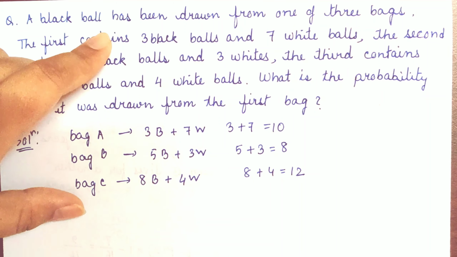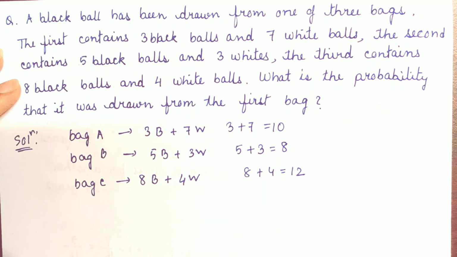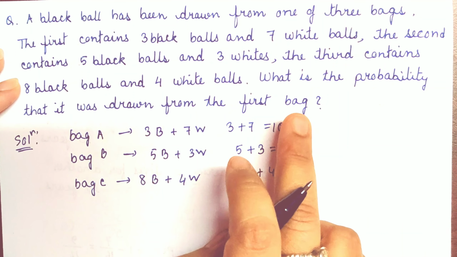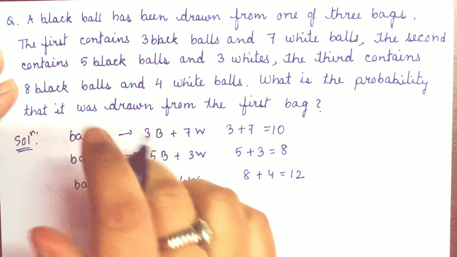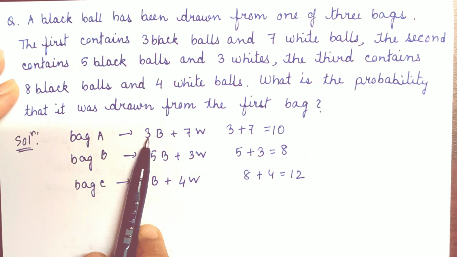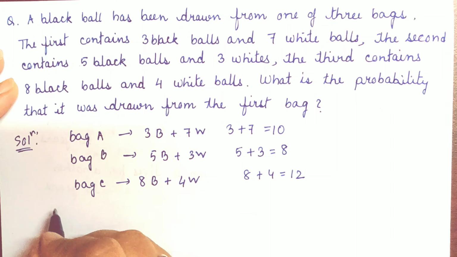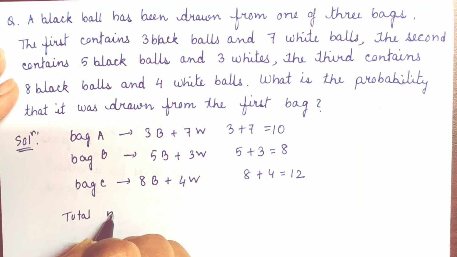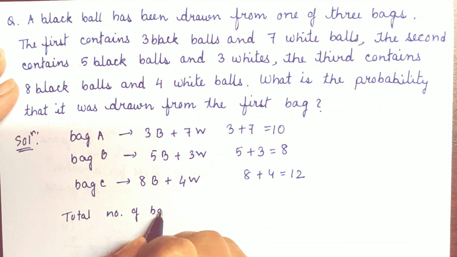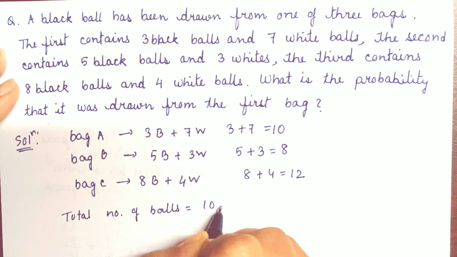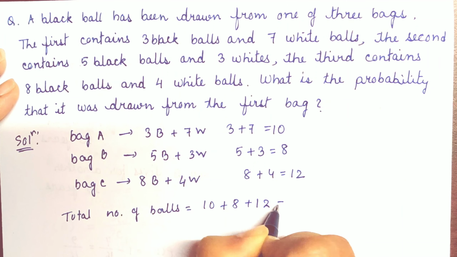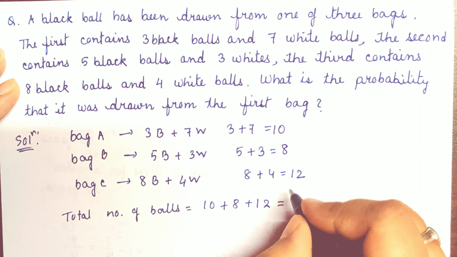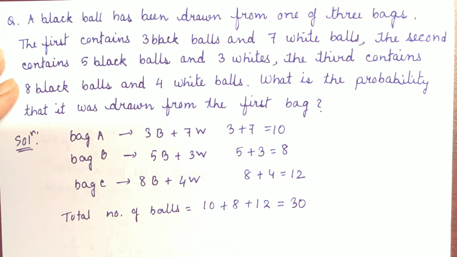Now a black ball has already been drawn and it should be drawn from the first bag. So in the first bag there are 3 black balls and the total number of balls is 10 plus 8 plus 12 equal to 30.